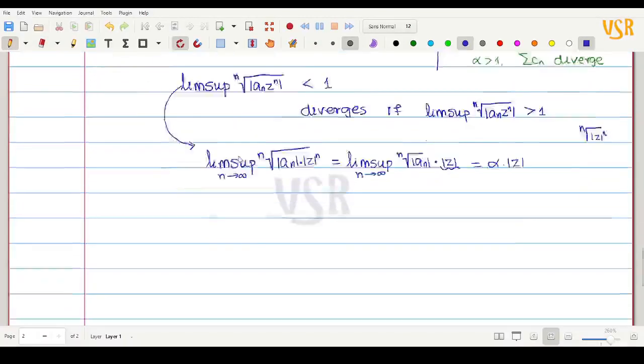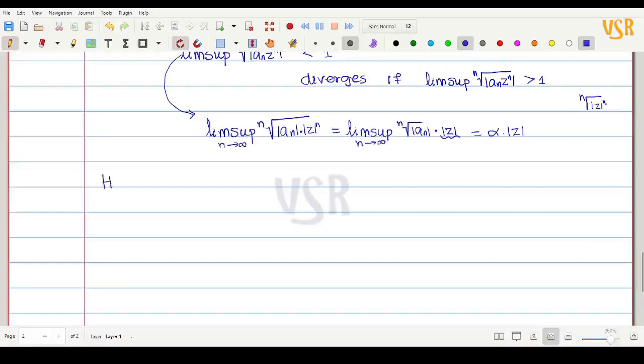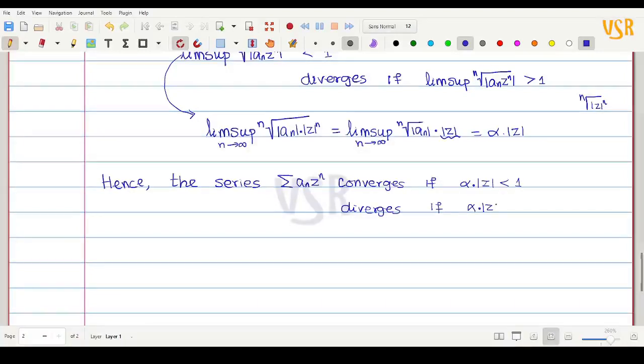Hence, the series summation a_n z to the power n converges if this limit alpha times mod z is less than 1, and diverges if alpha times mod z is greater than 1 ஆக இருக்கும்போது.